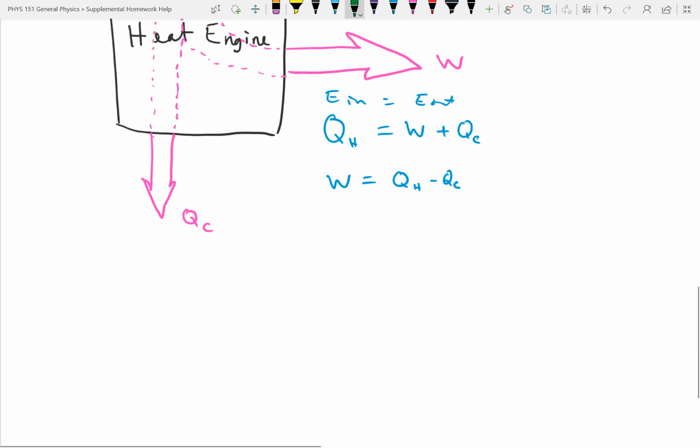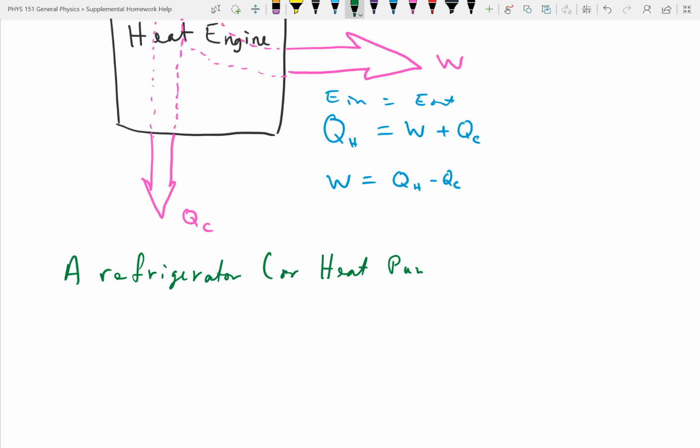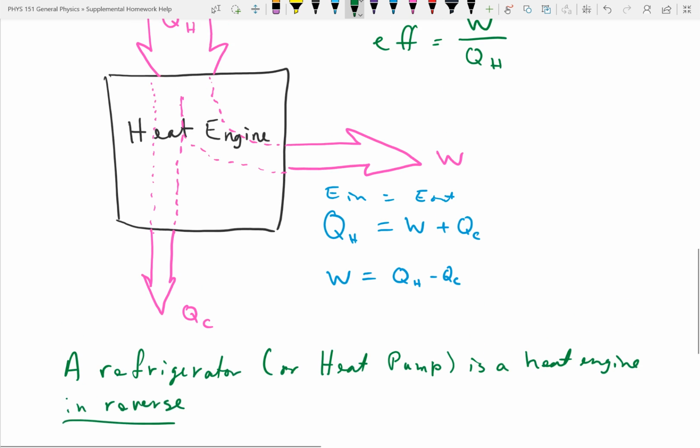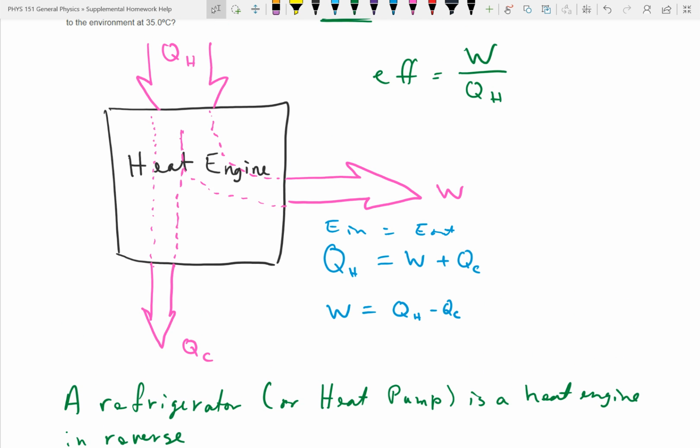And the answer is a refrigerator, or heat pump, because a refrigerator is a special case of a heat pump, is a heat engine in reverse. So I'm just going to take this picture of my heat engine and reverse all of the arrows, and I will have a heat pump or a refrigerator.